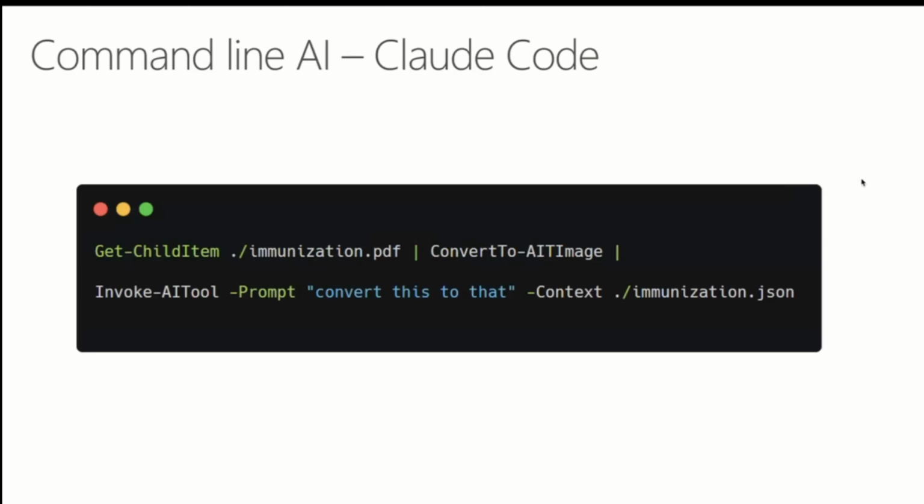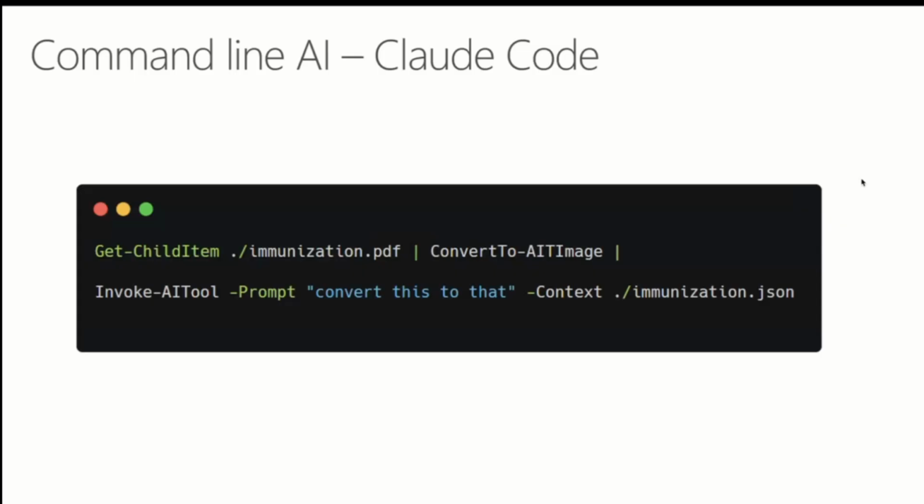And what's so funny, so this very command that I'm using as an example, here we're taking this immunization PDF and we're converting it to an image, because in the old days, whenever you were using the API and structured output, it couldn't read a PDF. It needed a tool, right? It needed to convert it somehow.